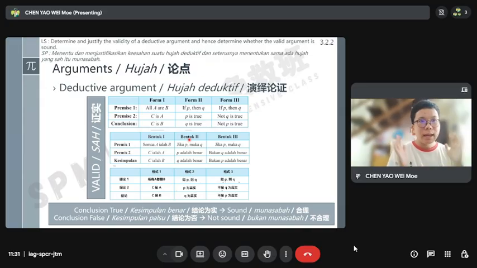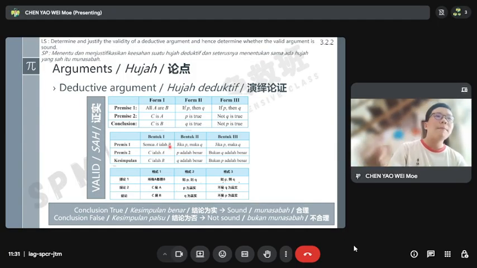Form 1, form 2, form 3 are used to detect validity. The argument must follow the form, then we can say that it is valid. But if it is not valid, it automatically becomes not sound. That is the thing.